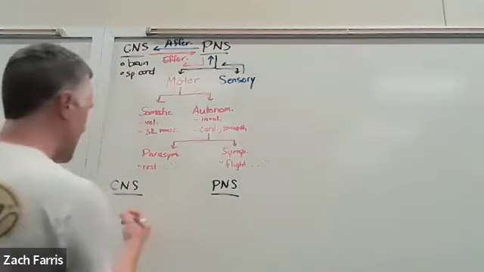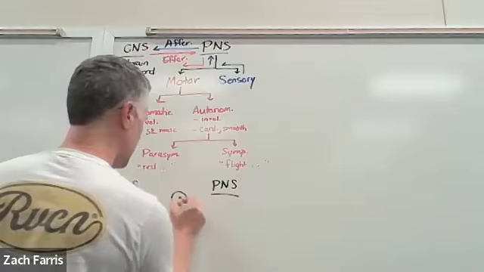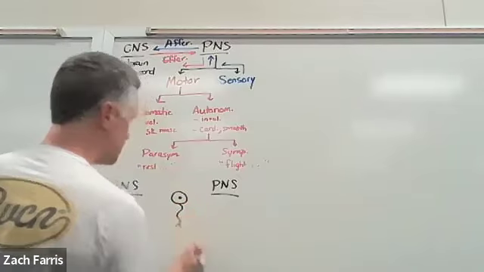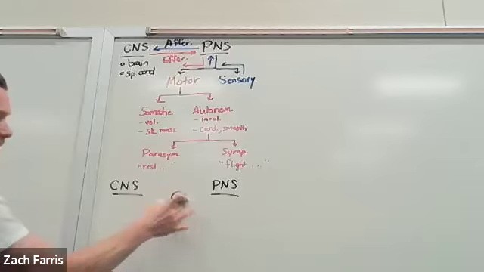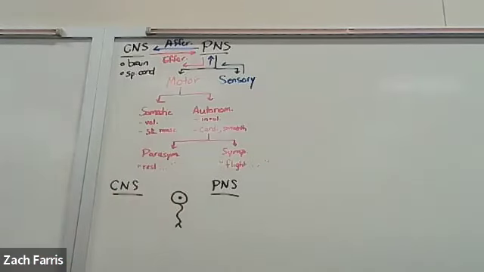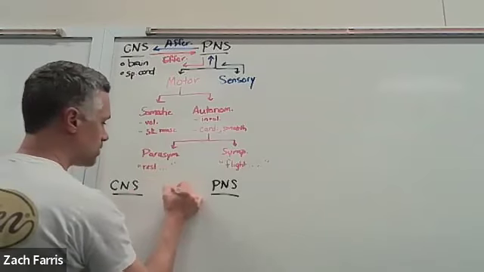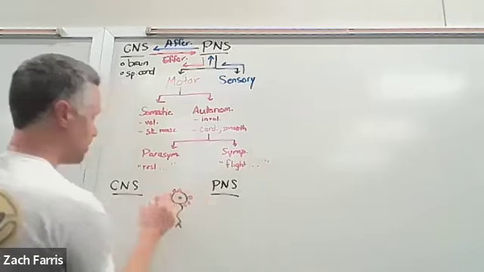So let's do this really quick. I'll draw it. I'm just drawing a neuron. So there's my little neuron there. We're going to do two different colors. I'm going to draw these little red circles around the neuron cell body.